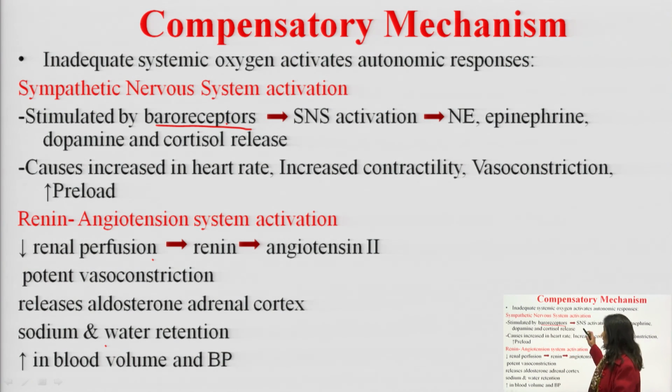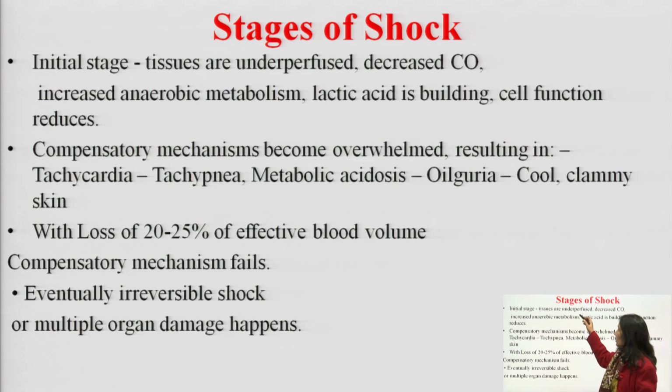So, whenever the body is under shock, the body's internal regulatory mechanism will activate to recover it from the shock, but when this compensatory mechanism fails and the shock is still there, then the patient will further progress into irreversible shock. So, what are the different stages of shock?